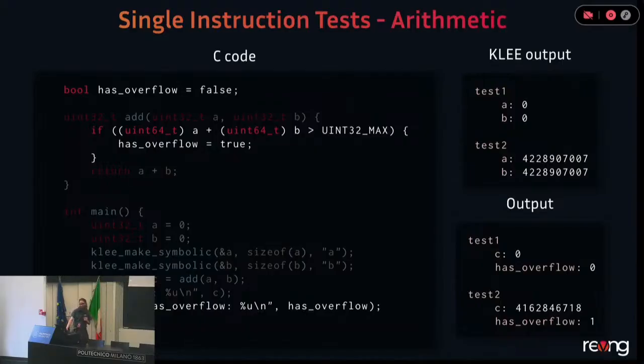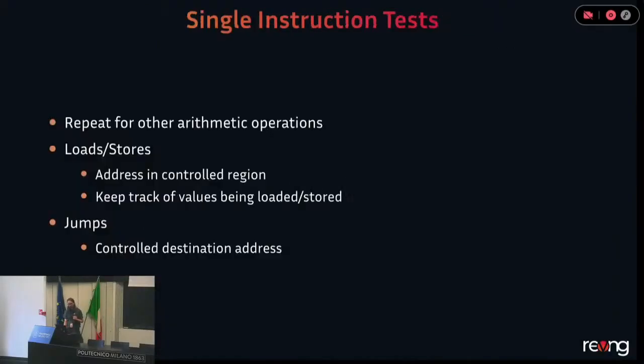And this is the method that allows us to generate edge case tests for all of the instructions we care about. So we can repeat this for other arithmetic operations like multiplications, divisions, etc. We can also do it for loads and stores. So instead of checking for an overflow or underflow, we can make sure that the address of the load and store falls within some range we control.